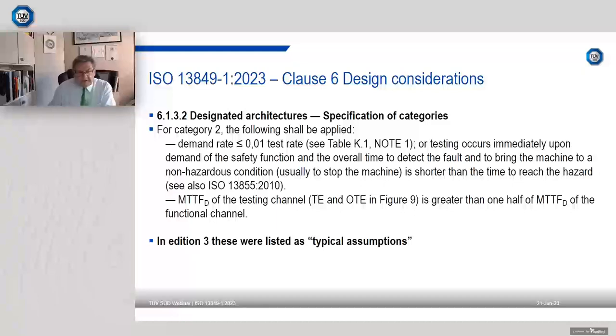For example, for Category 2, a category that gets some questions about it, some criticisms perhaps, but these measures about test rate to demand rate association and MTTFDs of various channels are now normative parts of clause 6. Whereas in clause 3, in edition 3, my apologies, edition 3, they were in a list of typical assumptions, which is all rather vague, but they are now there in a normative part of the standard.